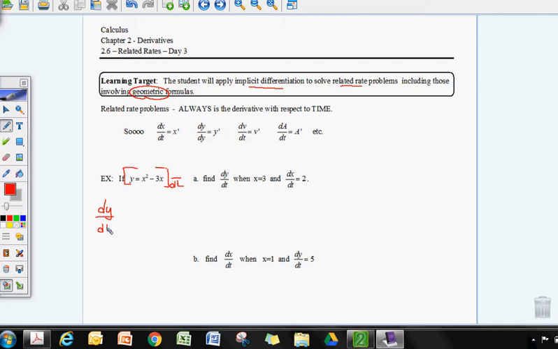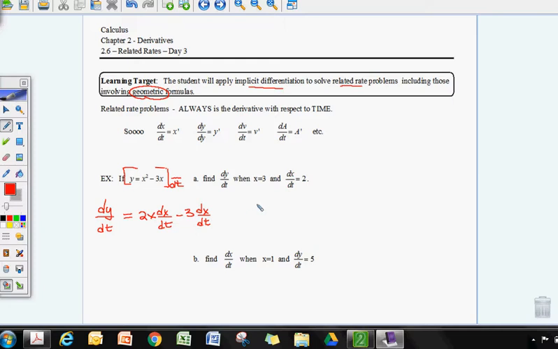And it's going to equal, take the derivative of x squared, it becomes 2x, and that would have a dx/dt behind it. And then there is another 3x, so subtract, the derivative of 3x is 3, and then it needs that dx/dt behind it. Remember, we write all of these little fractions because it doesn't match that respect to time.